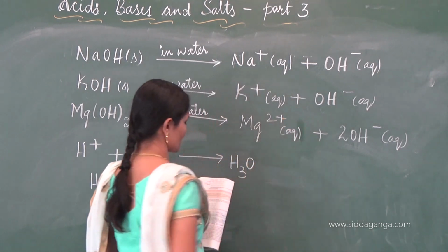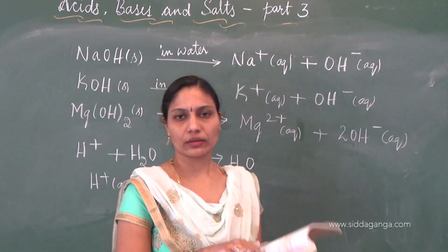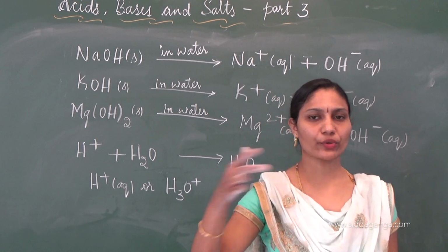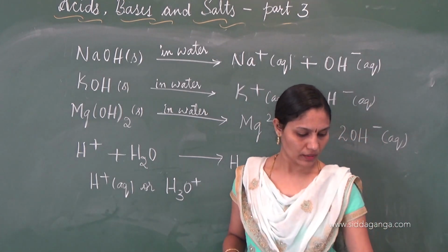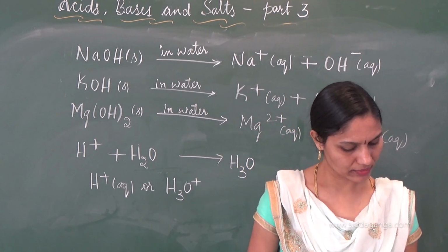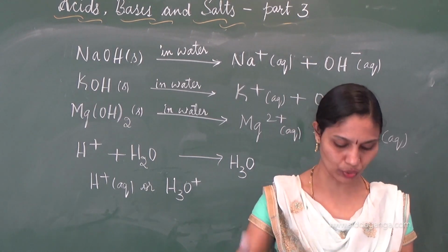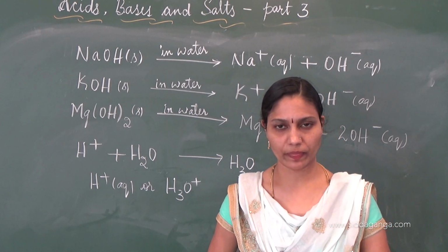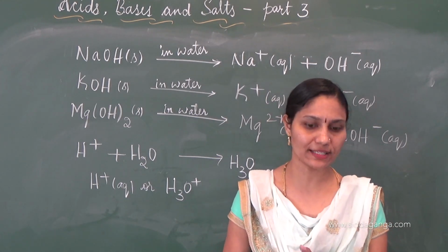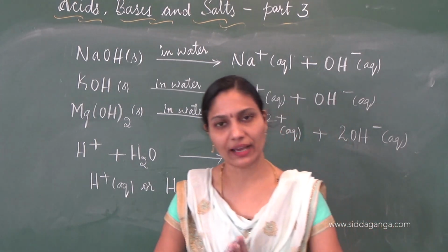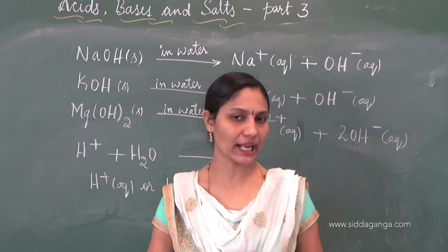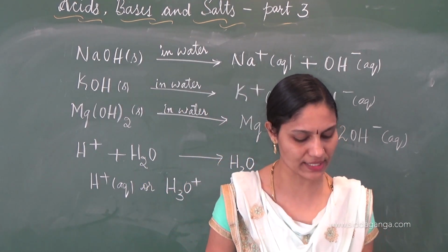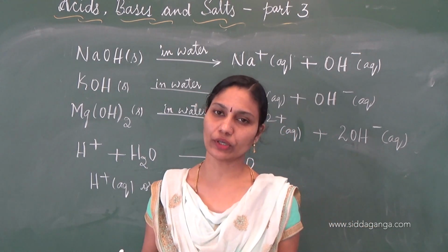Both acids and bases undergo dissociation in water, in aqueous solution, and they produce their respective ions. What about alkalis? Alkalis are the bases which dissolve in water. Not all the bases are soluble in water, but those bases that are soluble in water are referred to as alkalis. So what are alkalis? Alkalis are the bases which are soluble in water.